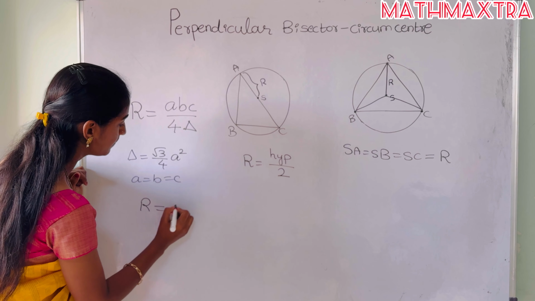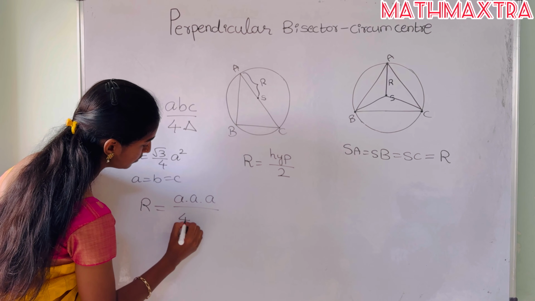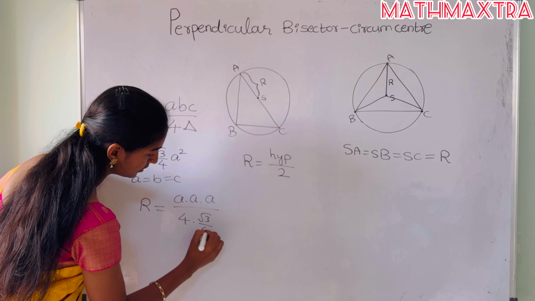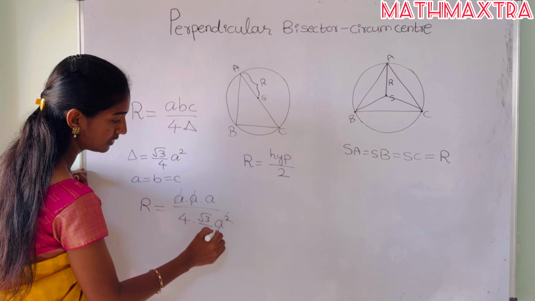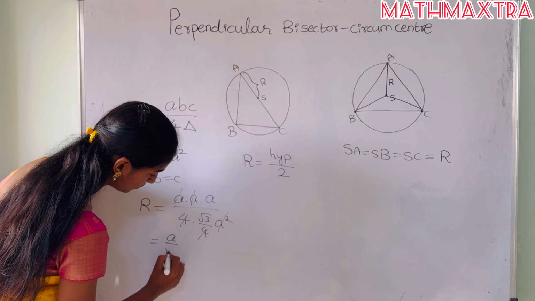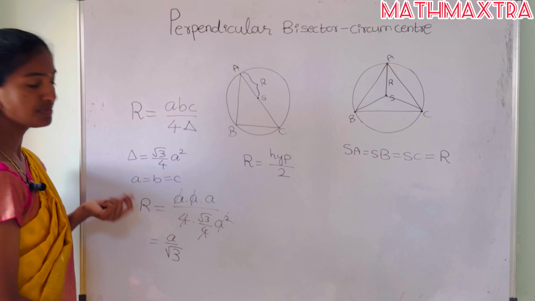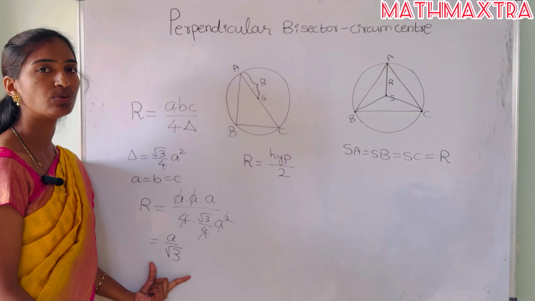What happens? a into a into a divided by 4 into root 3 by 4 a square. So what happens? a by root 3. So the circumradius of an equilateral triangle is a by root 3.